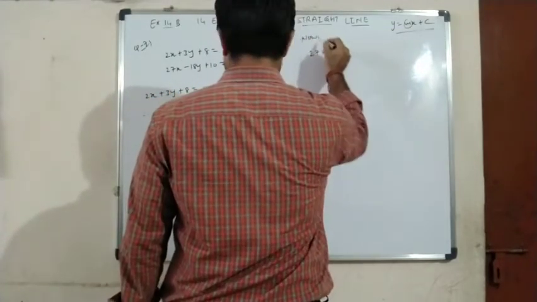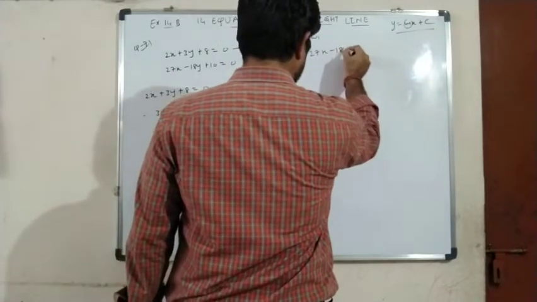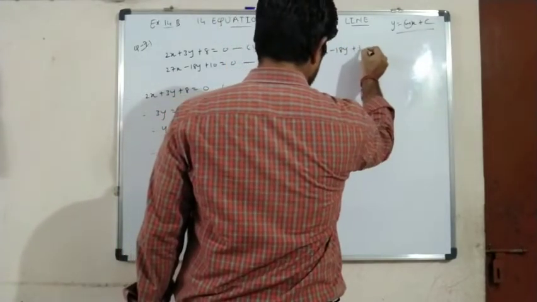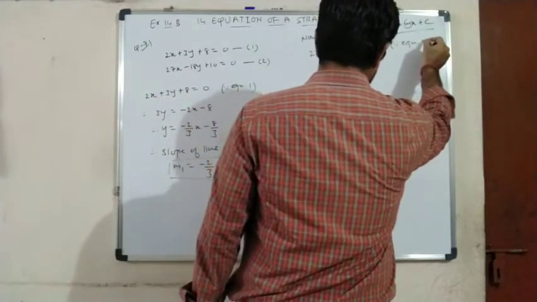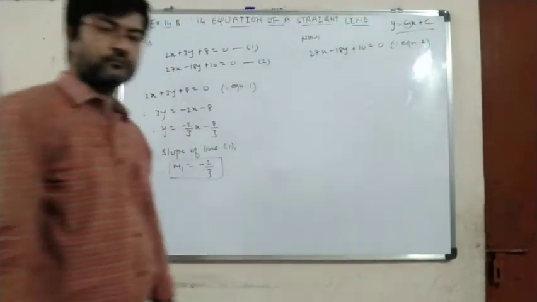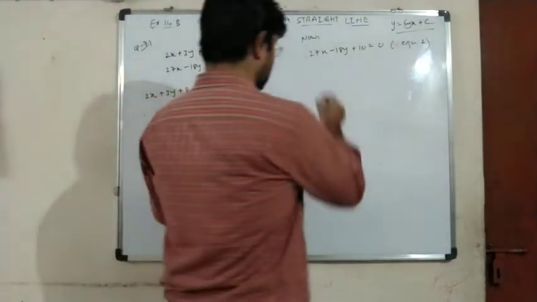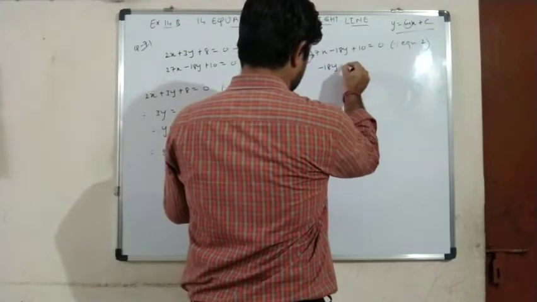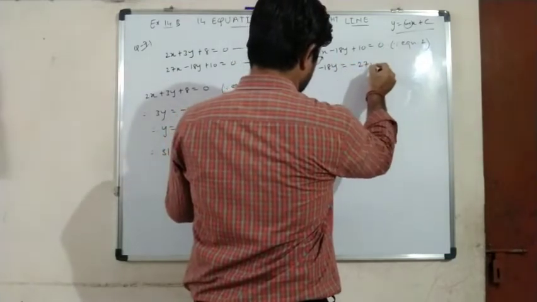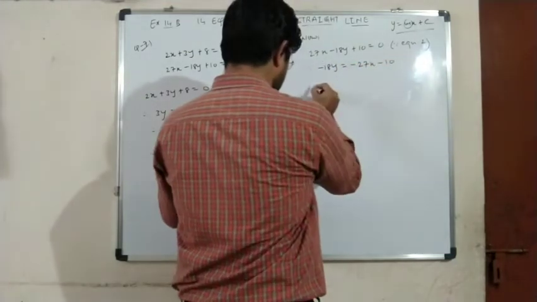Now let us find out the second line, which is 27x minus 18y plus 10 equal to 0. This is equation 2. Okay, we will convert this in y is equal to mx plus c form. So minus 18y is equal to minus 27x minus 10.